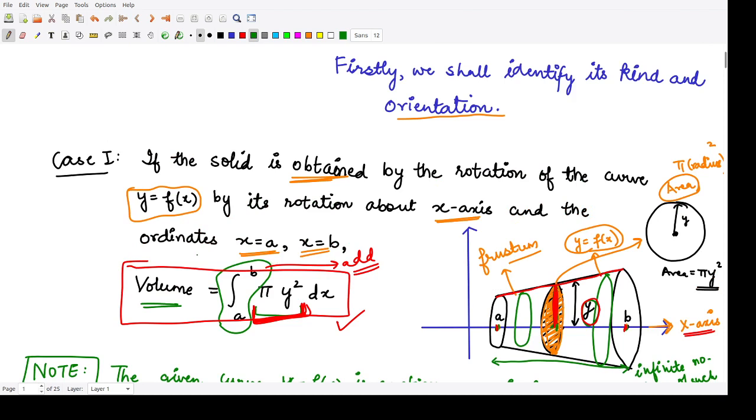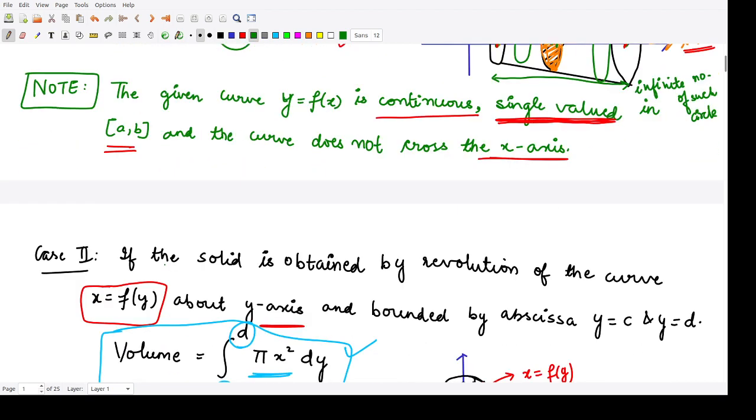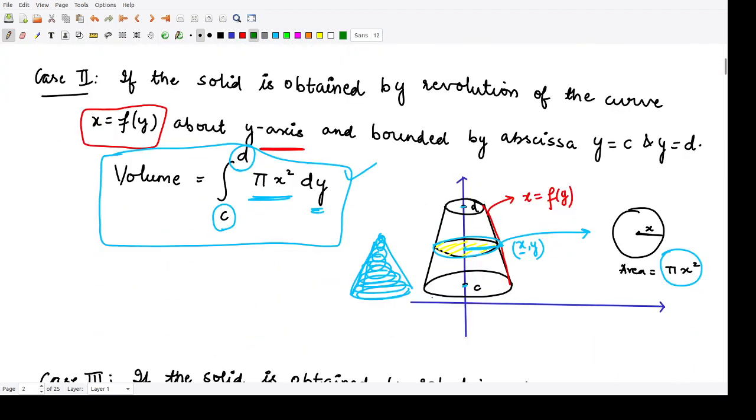Firstly, if the curve is formed by rotating the given curve about the x-axis, the volume is calculated through this expression. Then if the volume is obtained by revolving the given curve about the y-axis, we have this formula.